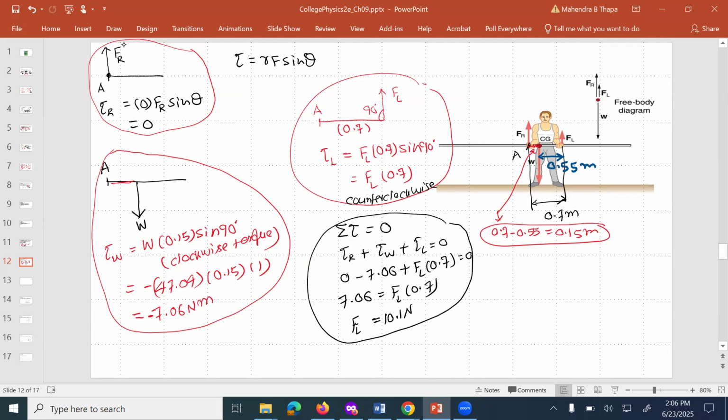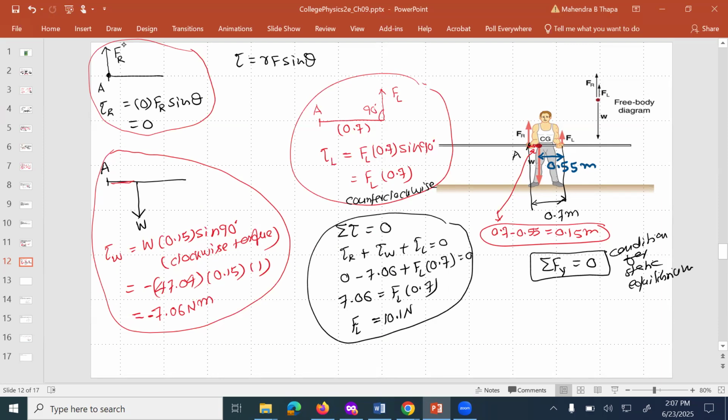Okay. Next, we can use the other equilibrium condition. Total force along the y-axis is 0, because here all the forces are along the y-axis. So this is the condition for static equilibrium.